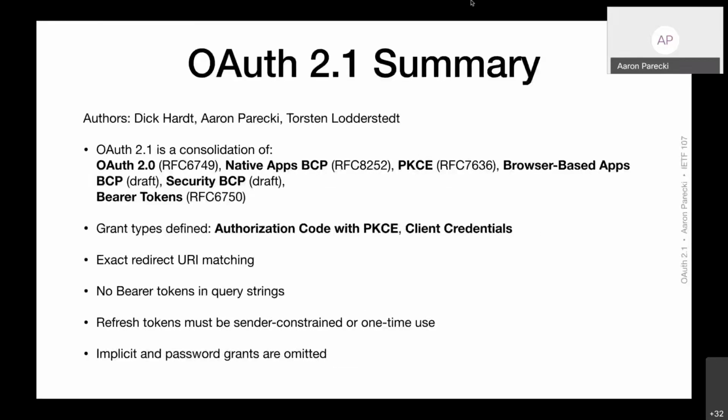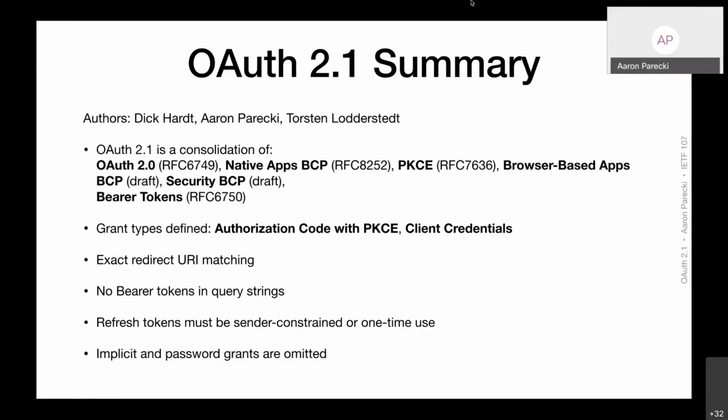So the idea with OAuth 2.1 is that it is a consolidation of all of the current core specs around OAuth 2. OAuth 2 is split up into a whole bunch of different documents based on the progress that's been made since it was published originally in 2012, including the native apps best current practice, as well as the addition of PKCE.